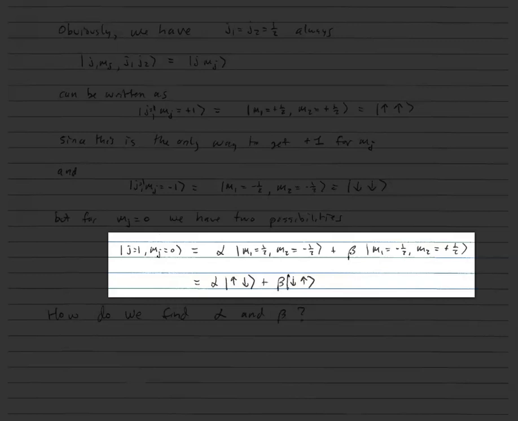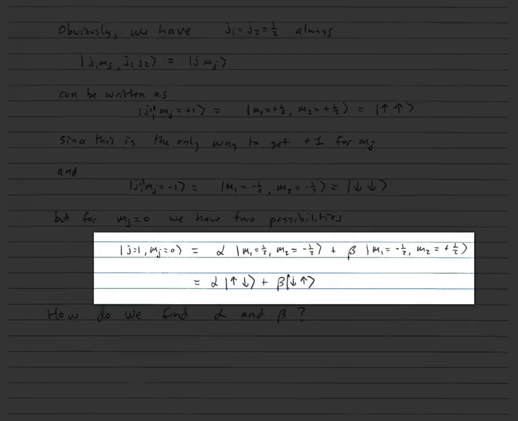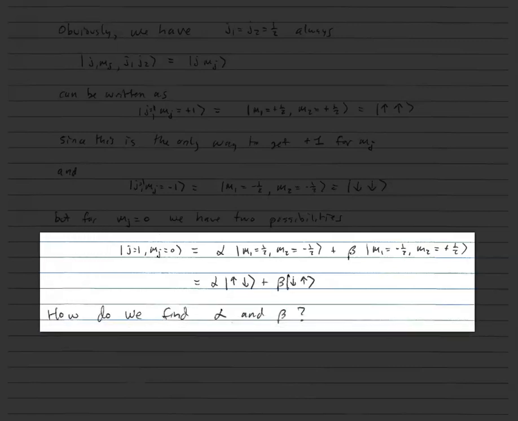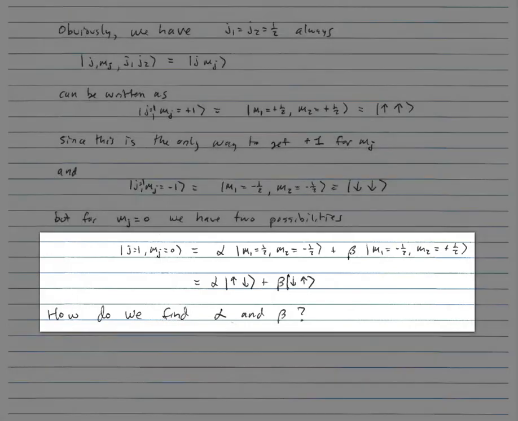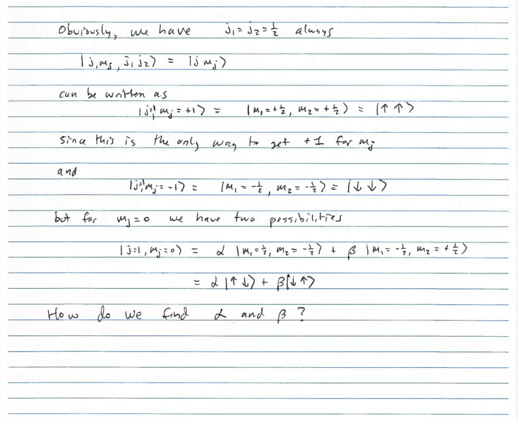And I just want to remind you that when we write it in this generic way, the order of where the up and the down appears in the Dirac ket is very important. The first arrow indicates the value of M1, the second one indicates the value of M2, and our job is to find out what alpha and beta are in order to be sure that we're in the J equals 1 state. So I'd like you to think about what it is that we do.